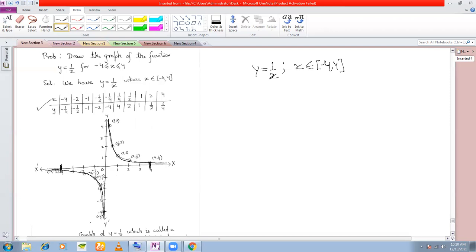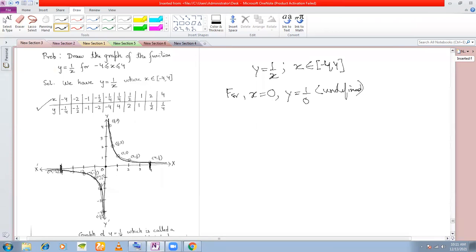Now, something very important that you note here is, for x is equal to 0, will we get a point corresponding to x is equal to 0? For x is equal to 0, y is equal to 1 by 0, which is undefined, right? Or infinity. That means for x is equal to 0 we are not getting a point.